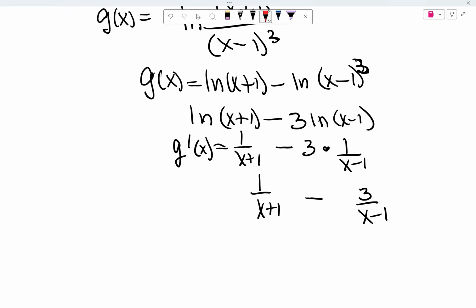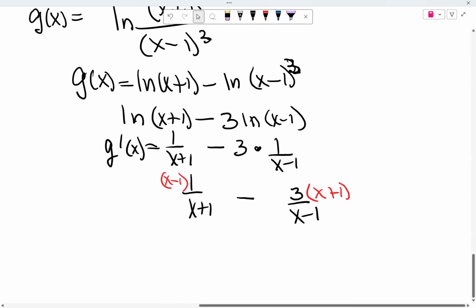But now we want the same denominator. So we have an x plus 1 and an x minus 1. So I'm going to multiply this top part by x minus 1, and I'm going to multiply this top part by x plus 1.